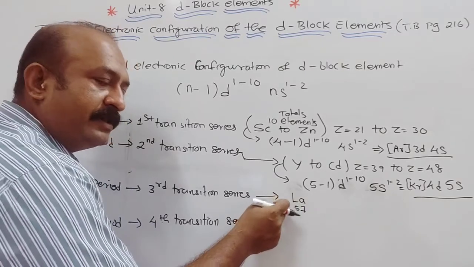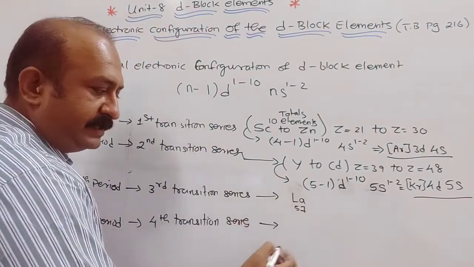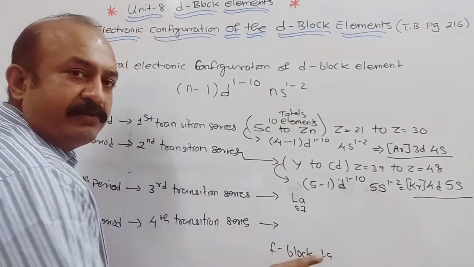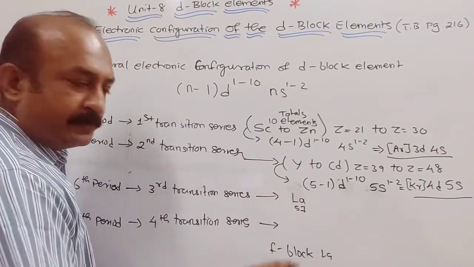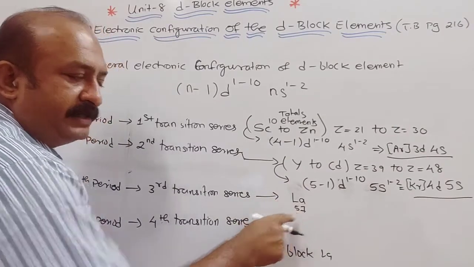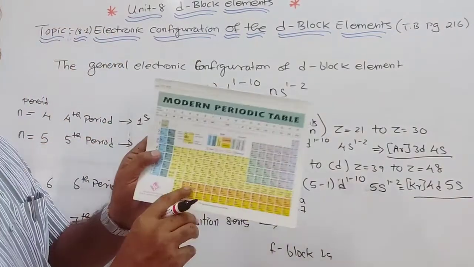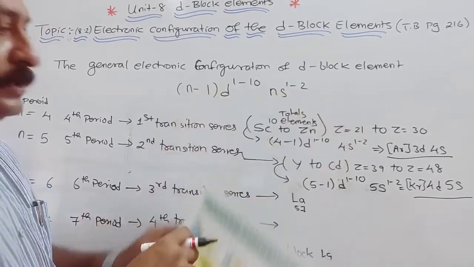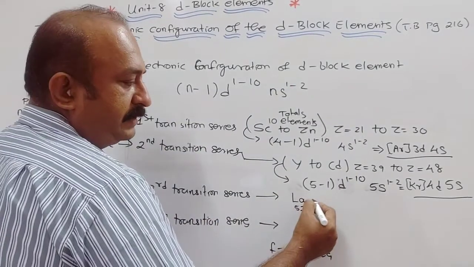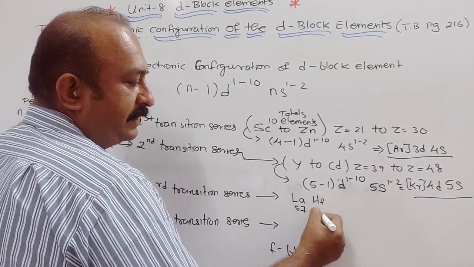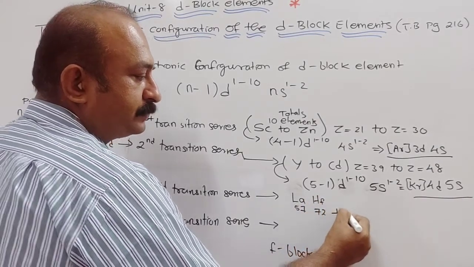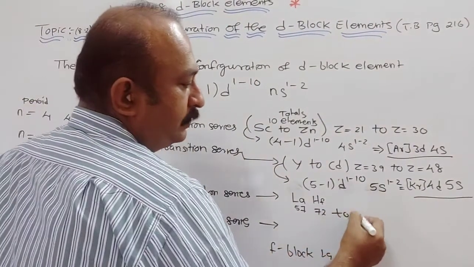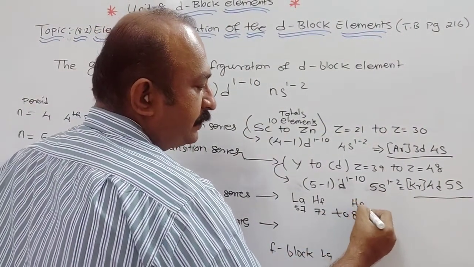After that, the inner transition series starts, that is the F block, the lanthanoids. La is the only one, that is number 57. Then the next one is hafnium, that is 72, so 57 is there, then Hf, 72, to the last one, mercury, that is 80, Hg.